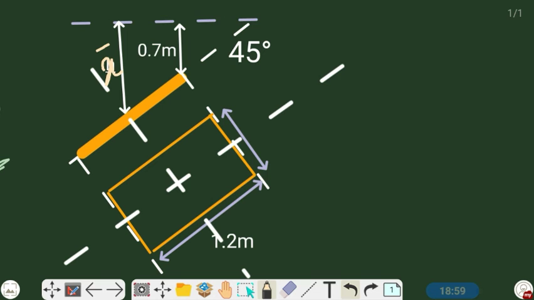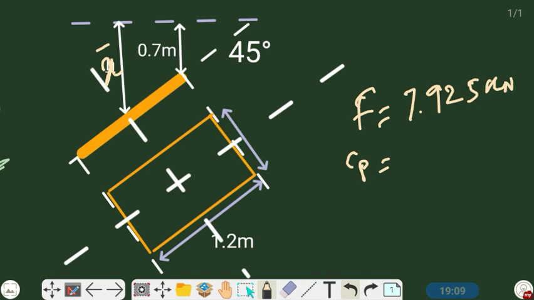What was our force? F was 7.925 kilonewton, and center of pressure was 1.177 meter. So let's show our pressure.